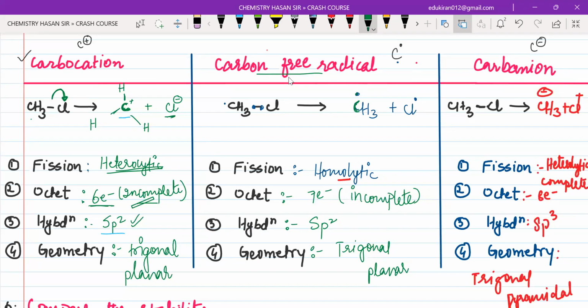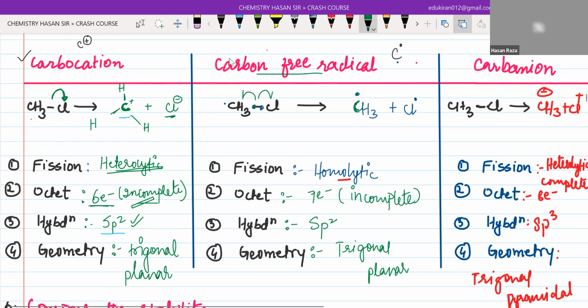Again, if you want to get a carbon free radical, you need to do homolytic cleavage. That means each one will take its own electron. You know that 2 electrons are present in a bond. So what will happen here?